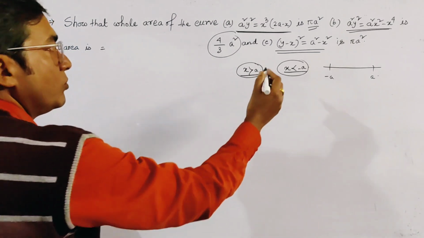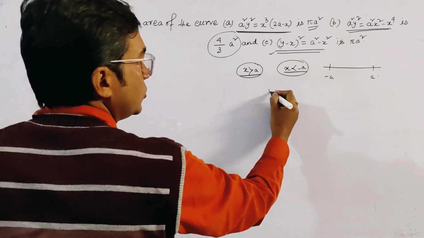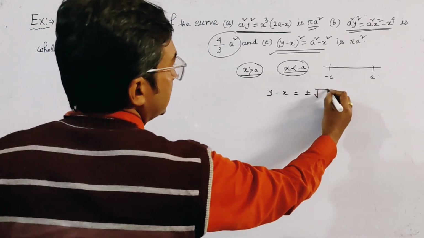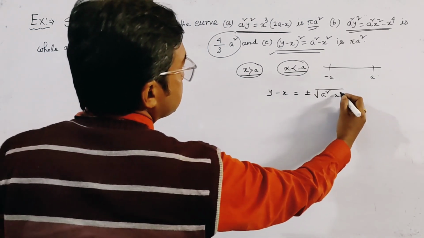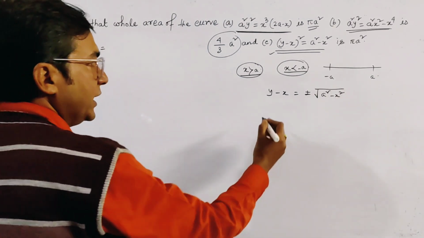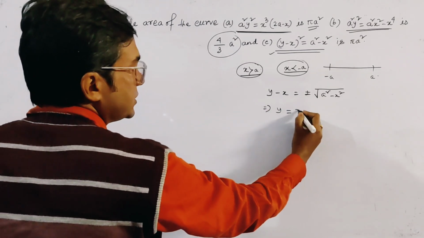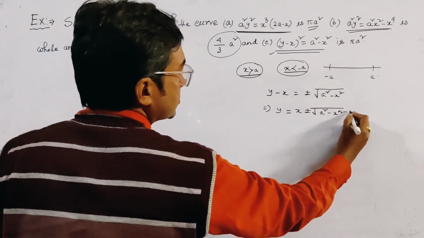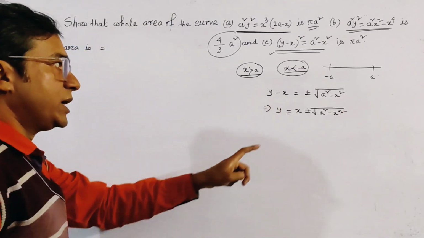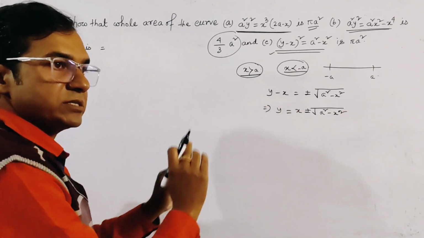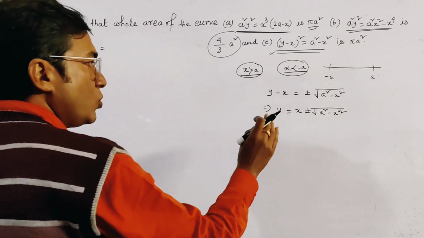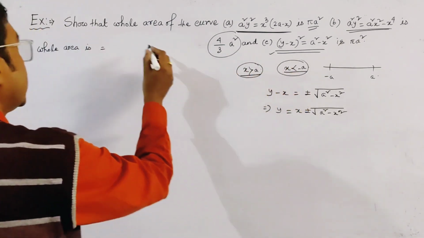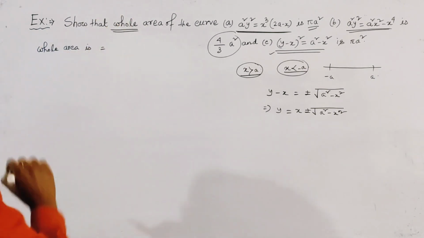Now from this curve we get two branches: y minus x equals plus or minus root under a square minus x square. That is, y equals x plus or minus root under a square minus x square. One branch is from the plus sign and one from the minus sign. So we find the total area of the curve, because here we require the whole area.